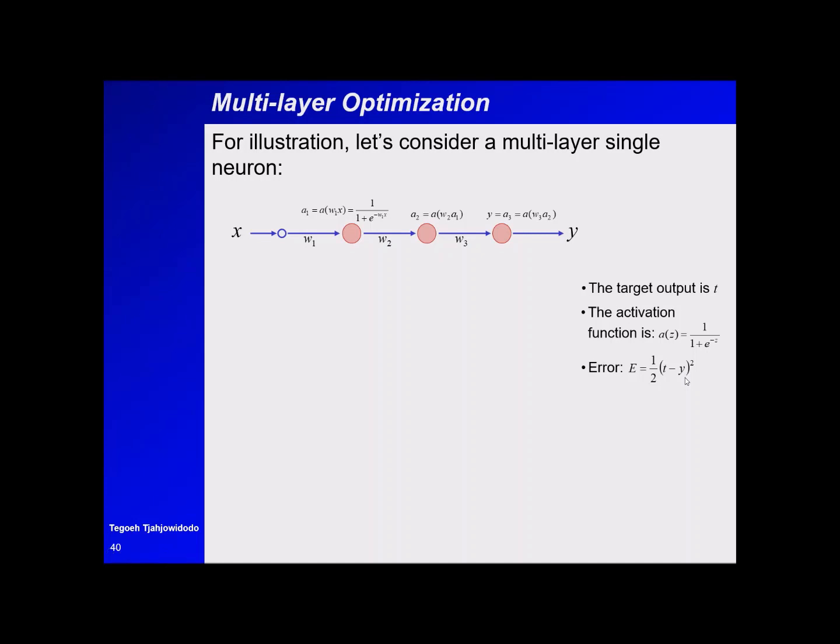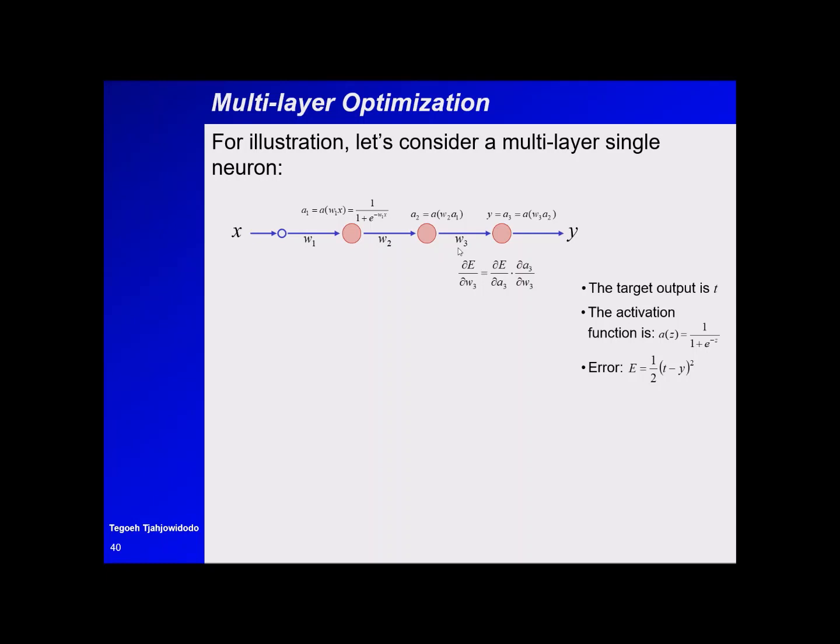The objective now then, we are going to optimize W1, W2, and W3. Like what we did before, let's start from here. Once we know the Y, when we are going to update W3, we have to update it with the updating factor, right?